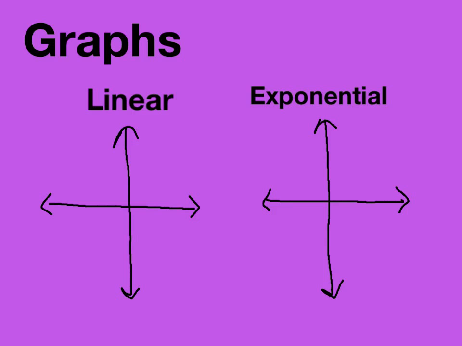Let's look at the graphs. A linear graph is just what it says. It's a line. I can make it an increasing line, or I can make it a decreasing line. But all in all, it is a line. For the exponential graph, there's always a curve.